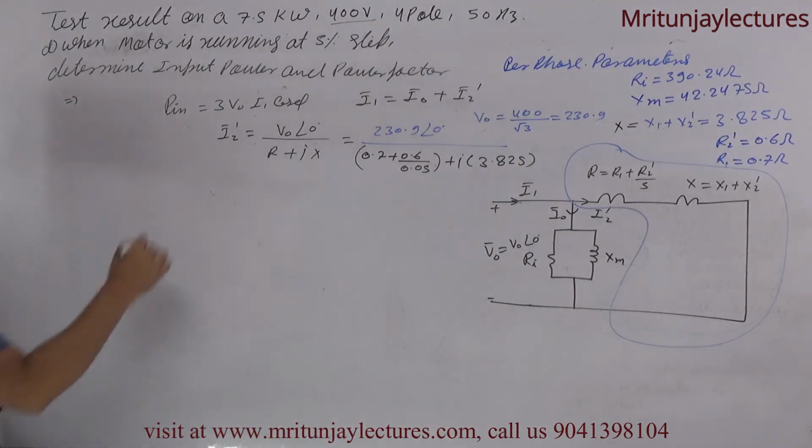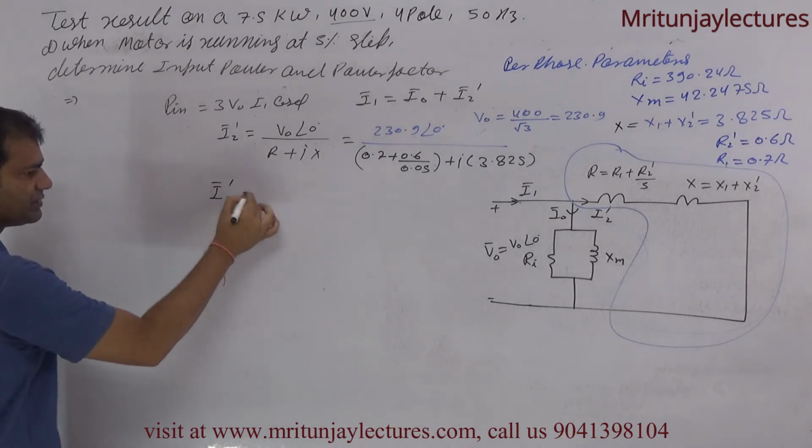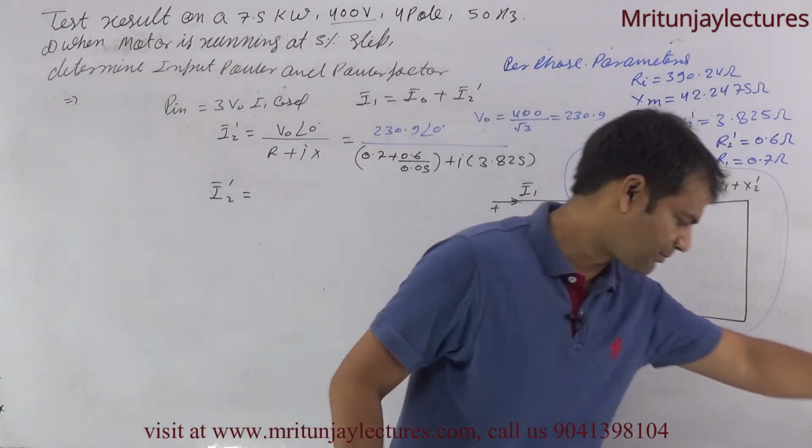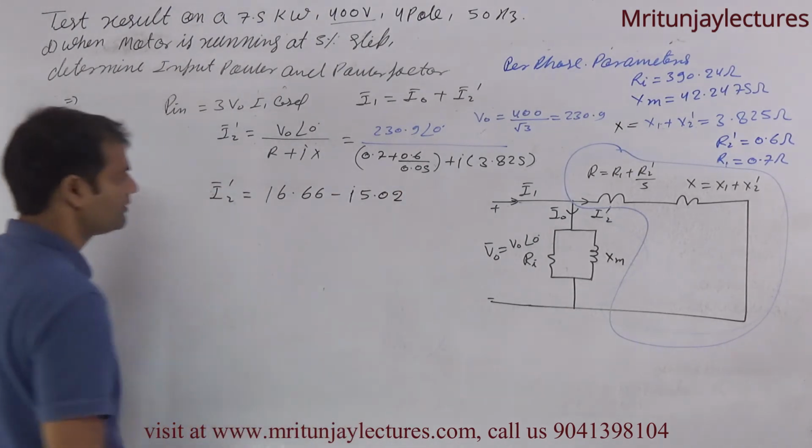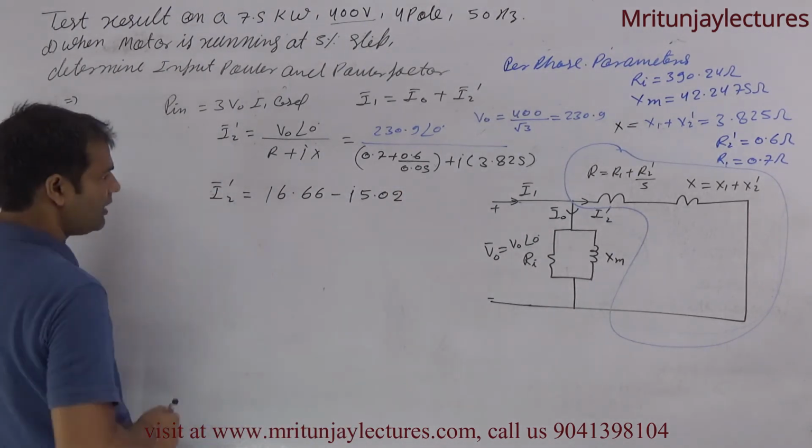Clear? Determine I2 dash with the help of calculator: 5.02. Clear?